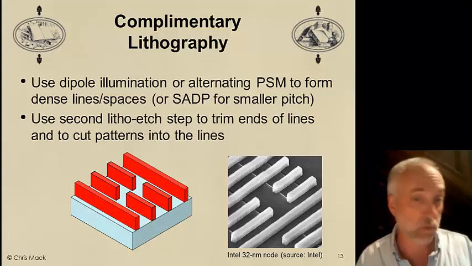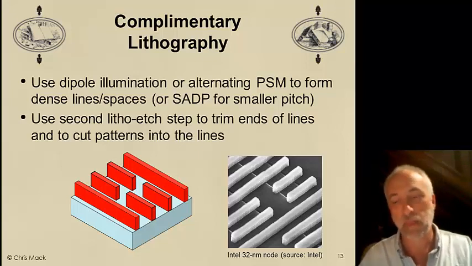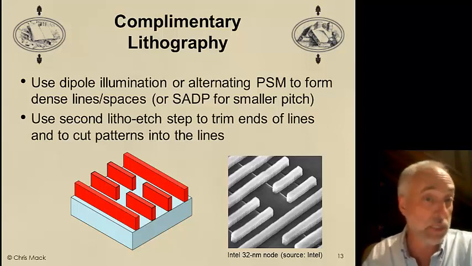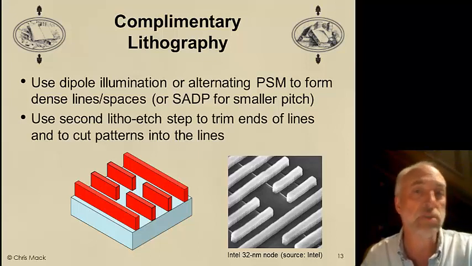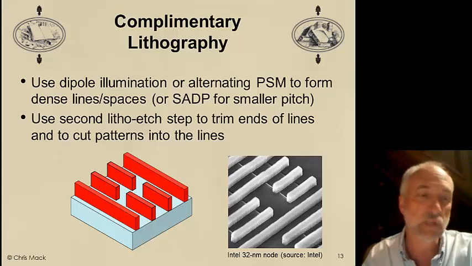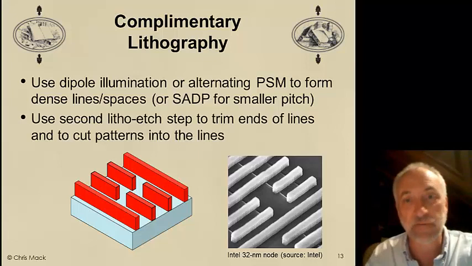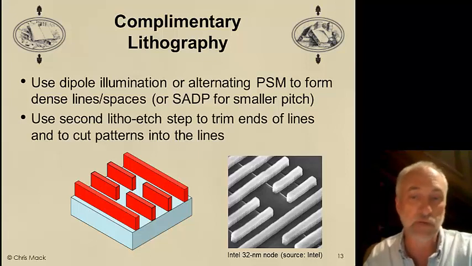And it works quite well given the restrictions of the designs. So we've seen now three basic approaches for double patterning: a Litho-Etch-Litho-Etch approach, a self-aligned double patterning approach, and then a complementary lithography or line trimming, line cutting approach to double patterning.